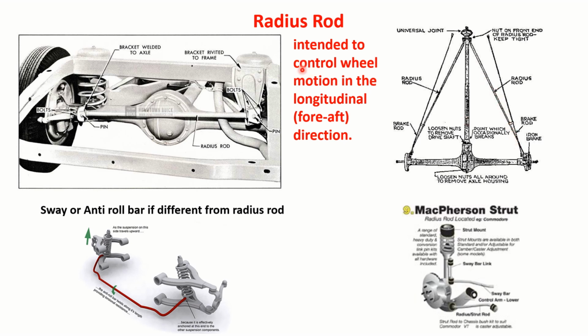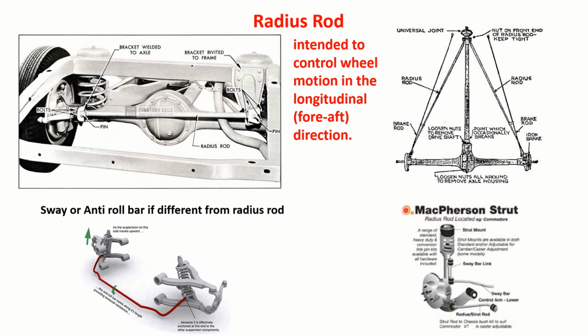Basically, it controls wheel motion in the longitudinal direction, fore-aft direction. Fore-aft means something like it will be pitching, correct? So that is the kind of thing that will happen. To reduce this, normally that is used.